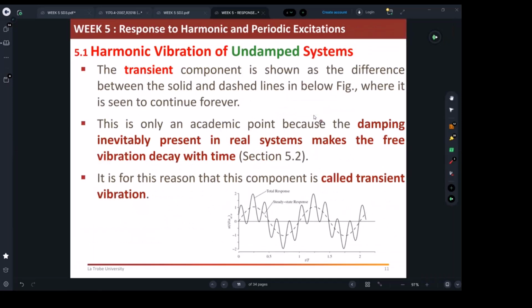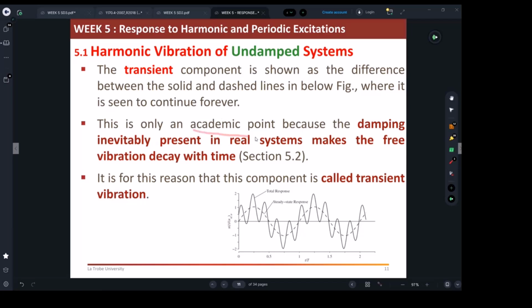So next slide, again, have a look at this note here, talking about the same transient component, which is the free vibration, shown as different. So basically, if you subtract the steady response from the transient response, it will represent that free vibration.